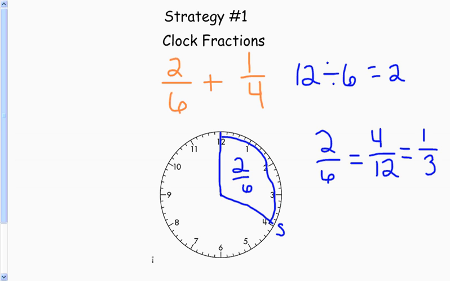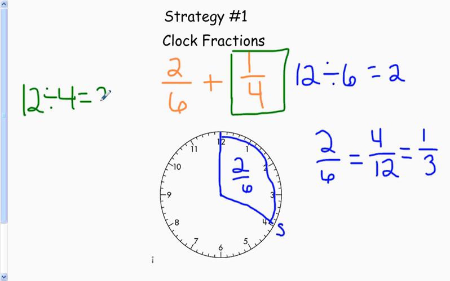So I'm going to switch colors to show 1/4. If you look up at the clock in our room, you'll see that 1/4 is marked at the number 3, because if I divide 12 by 4 for 4 pieces, my answer is 3.